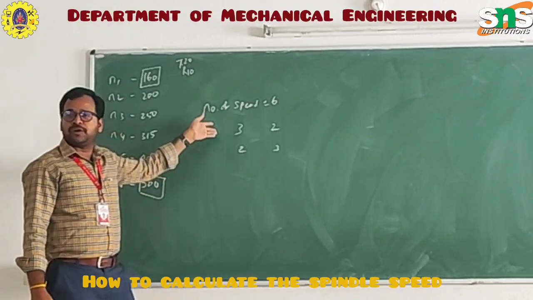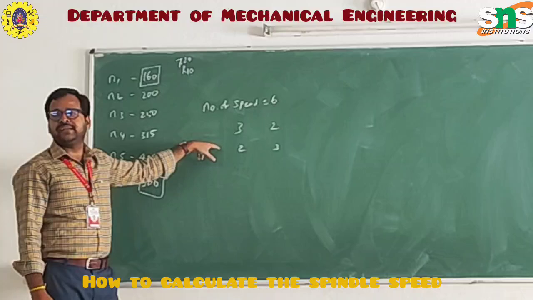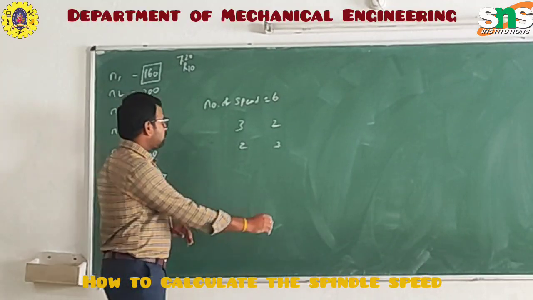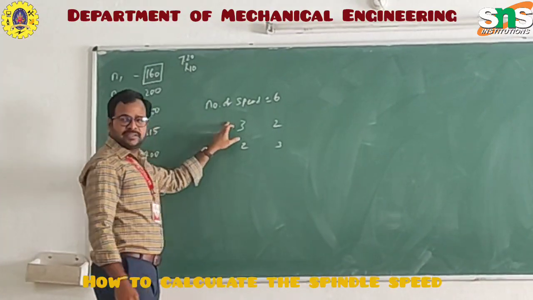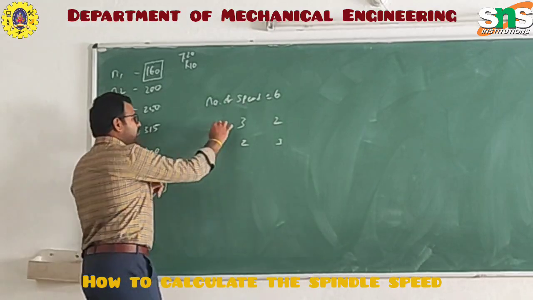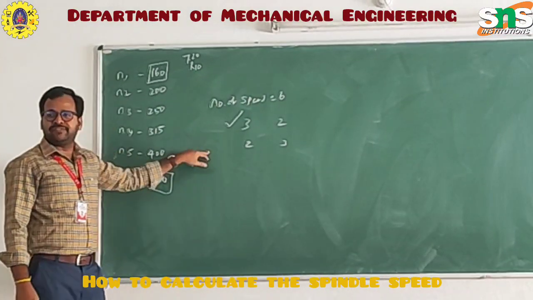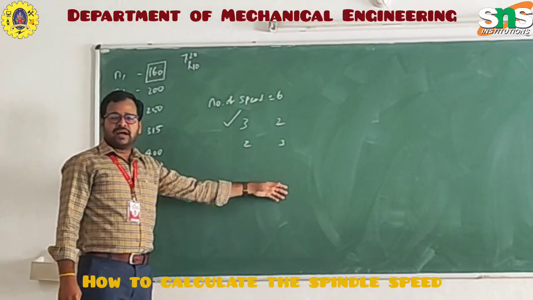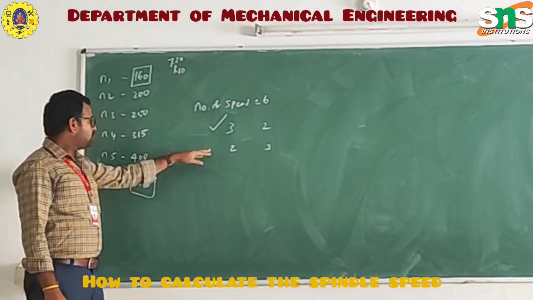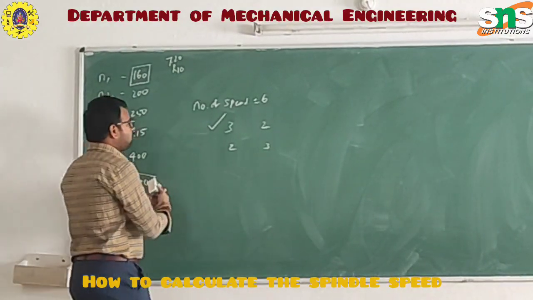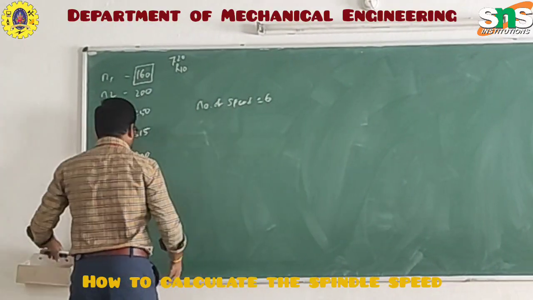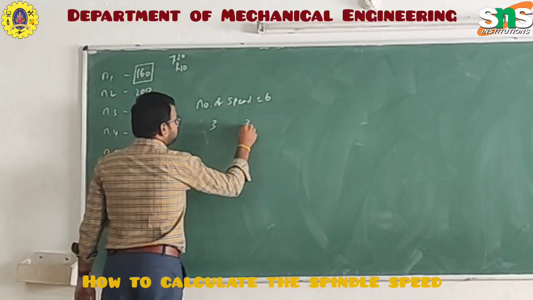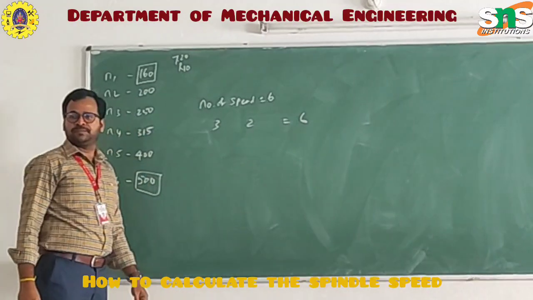Any other possibilities to convert the 6 speeds? Among these values, I can pick the first one. Why I take the first one, I will elaborate after completion of the problem. So now I want to take 3 into 2 speeds. So 3 of 2 is equal to 6 speeds.